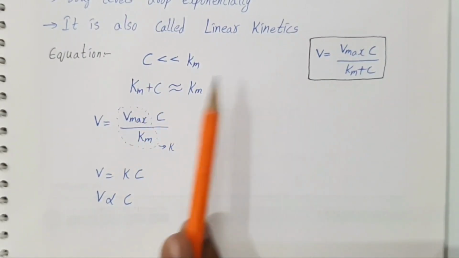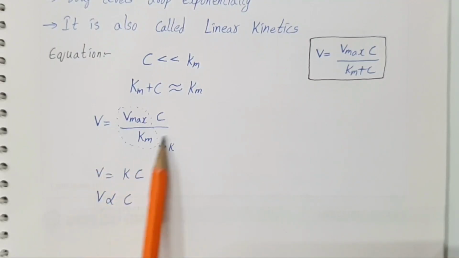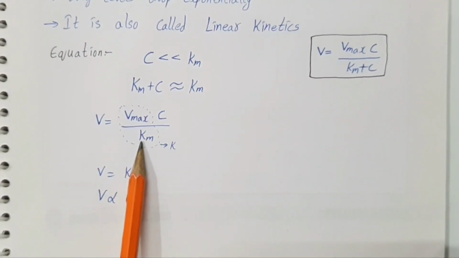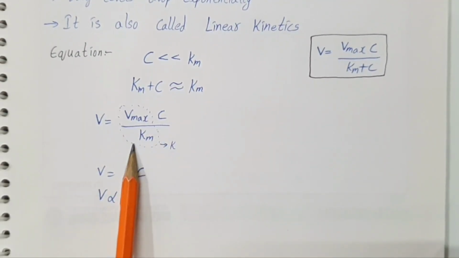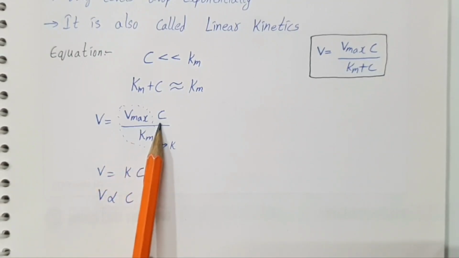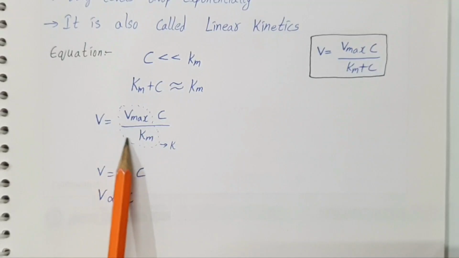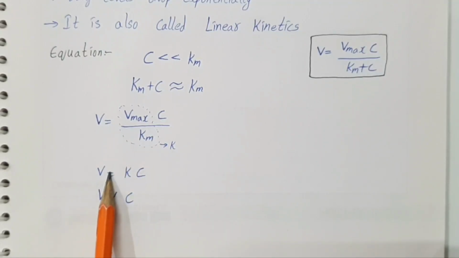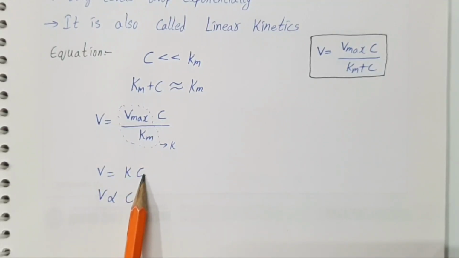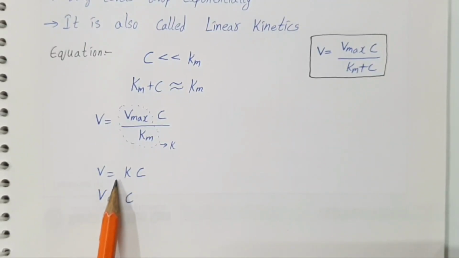So in place of Km plus C we are writing only Km. So V equals Vmax C divided by Km. This whole becomes K. So V equals K into C we can write. There is proportionality, so V is directly proportional to C. It looks like linear kinetics.